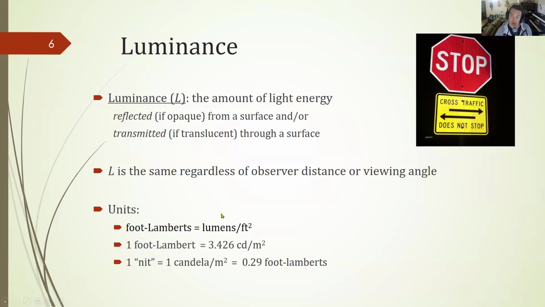Recall the units for luminous intensity, lumens per steradian. For illuminance, foot candles, as we would refer to them, or lux, right? And mathematically, a foot candle is equivalent to a lumen per foot squared. A foot Lambert is equivalent to a lumen per foot squared.